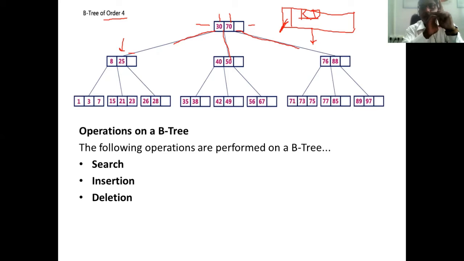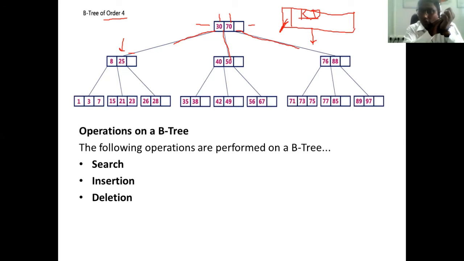The first thing is the block pointer, which contains the address of a particular child. After that, the key value, which we use for the searching operation. And the data pointer is nothing but the address where the data is actually stored on your disk.